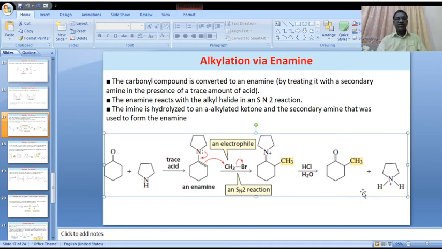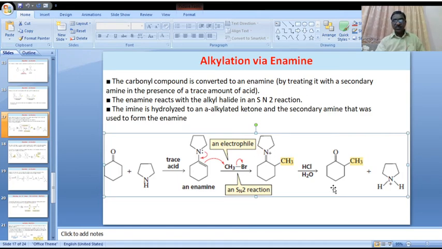That secondary amine was already used at the start of the reaction, in the first step, for the formation of the enamine. Here finally we are getting the alpha alkylated ketone.